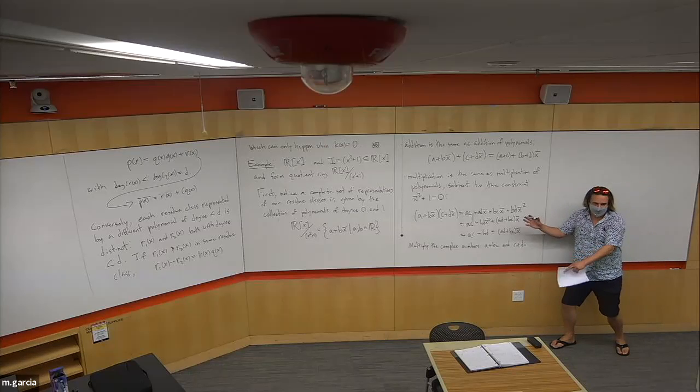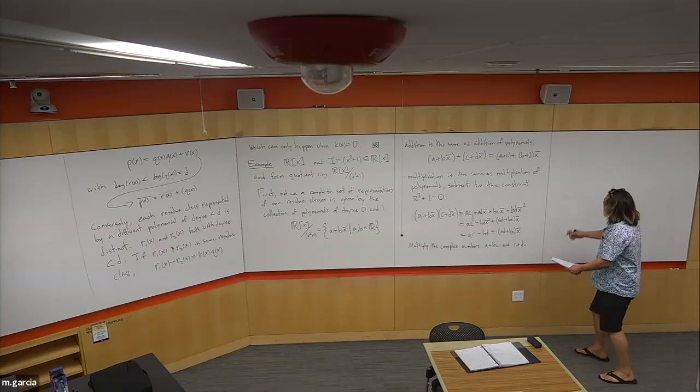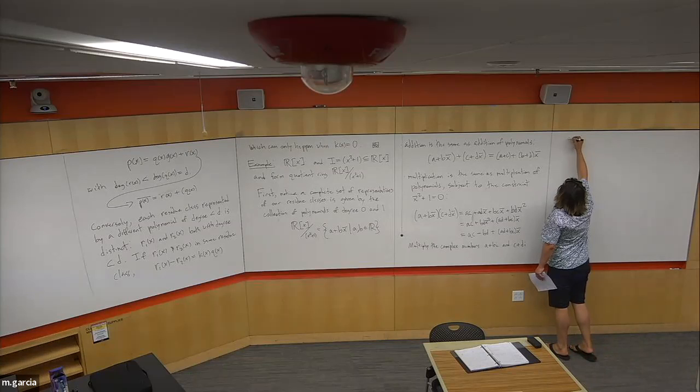So we can interchange them. That's exactly what you were saying, right? Yeah, good. So just to reiterate, what do we get when we multiply these complex numbers together?